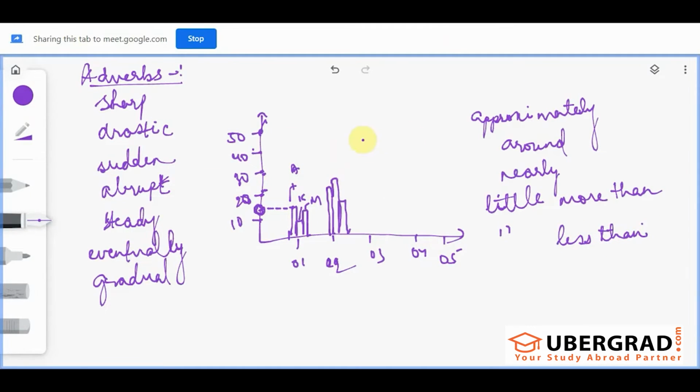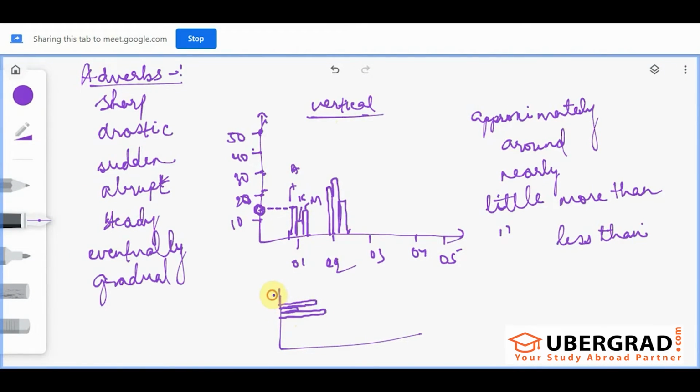Now this is known as a vertical bar graph. We can similarly have a horizontal bar graph where the bars will look something like this. There is no difference, just the axis will rotate.